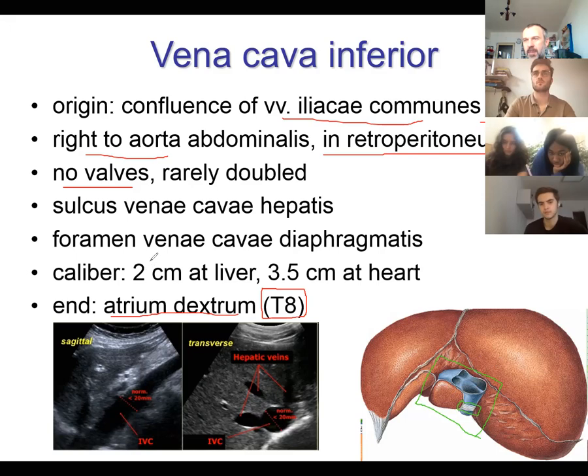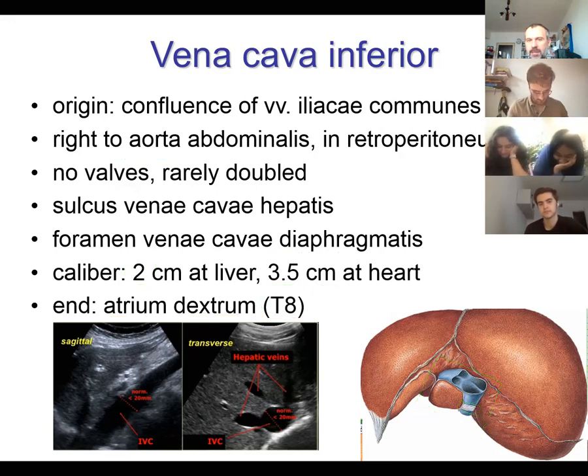So then the caliber below liver is 2 centimeters, and above liver, when getting all the blood from unpaired abdominal organs, it's 2.5 centimeters, which make it the largest vein in the human body. Yeah? So that's the topography. And now let's talk about the branches.